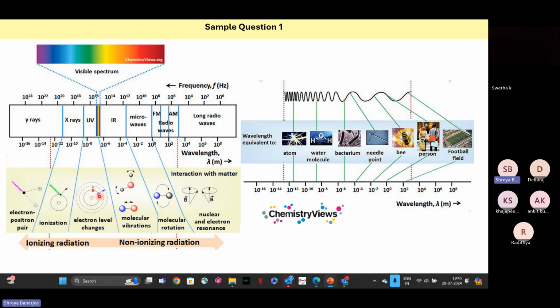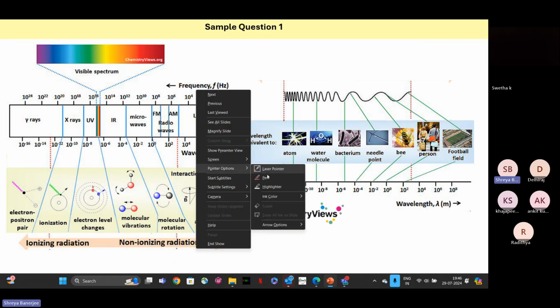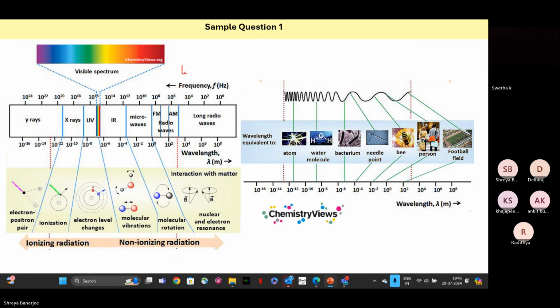If you have UV spectroscopy, it uses the UV part of the spectrum, and basically in UV spectroscopy, there is change in electronic energy levels. So as you increase the frequency, the energy of the electromagnetic radiation also increases because E is h nu. So frequency increase means energy increase.